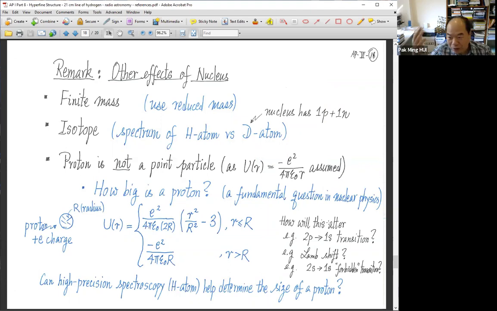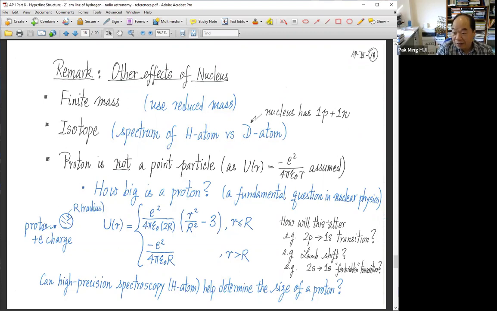So let me end this part with a few questions, okay? I'm not going to answer them for you. What is the effect of a finite mass of the nucleus? That's easy, right? Reduced mass, nice. And then we do have deuterium, right? So not only a proton, but a proton and neutron forming an isotope of hydrogen.